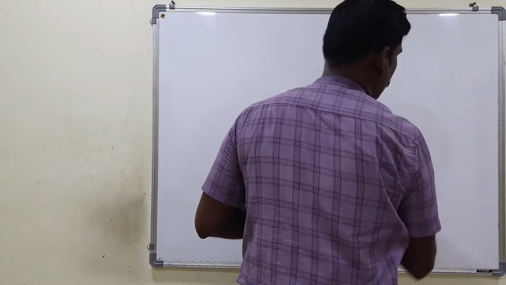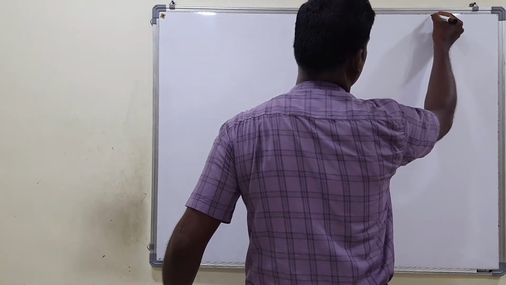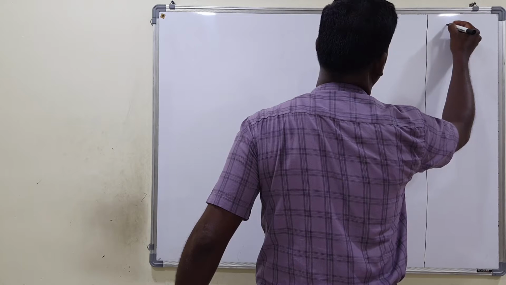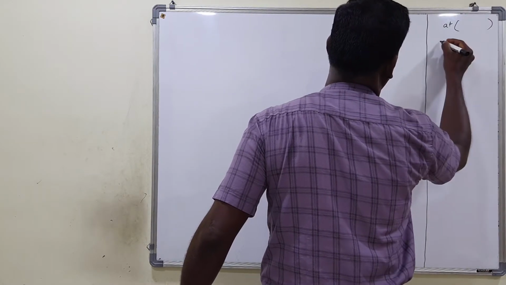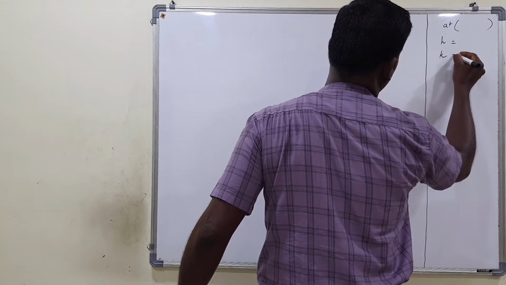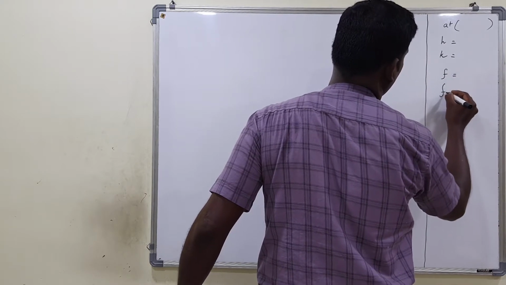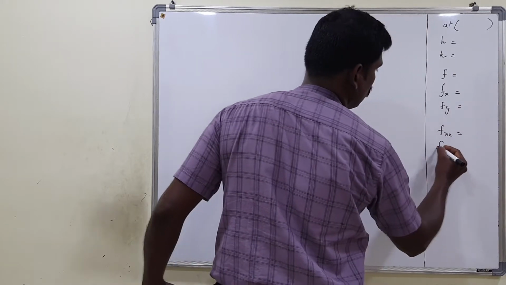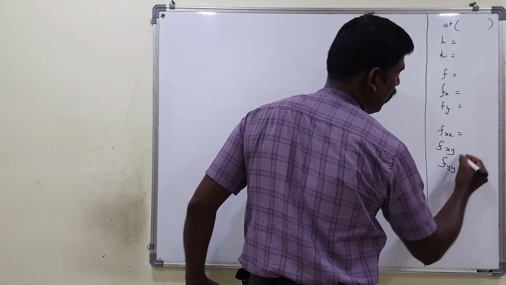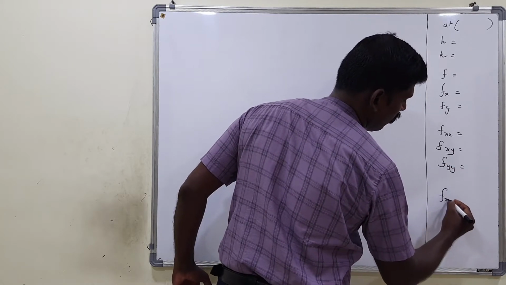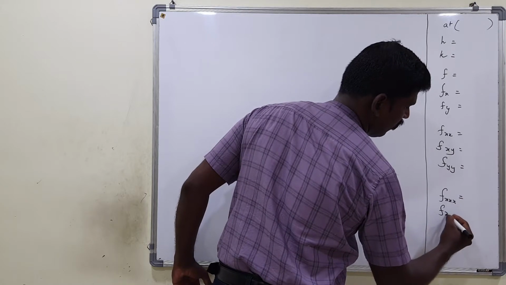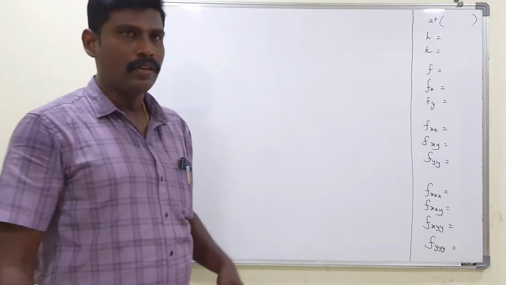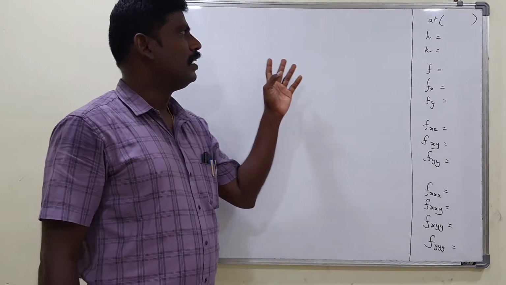So in all the problems, I am going to find out these values at a point, and what is h, what is k, and what is the value of f, and then fx, fy, and then f double x, f xy, f double y, and then f triple x, f double xy, f x double y.